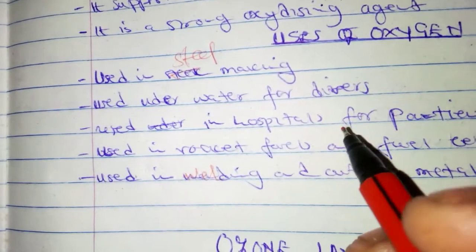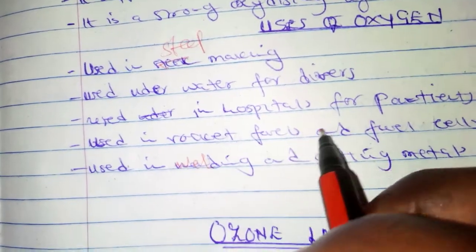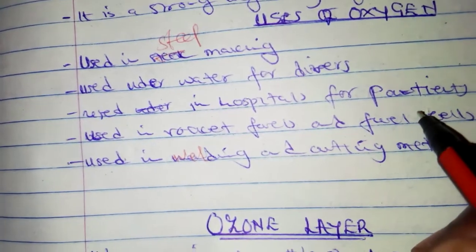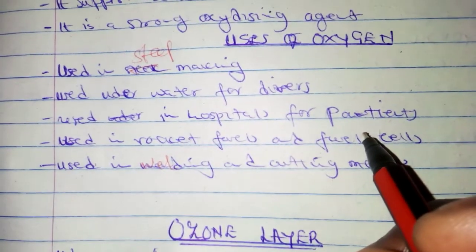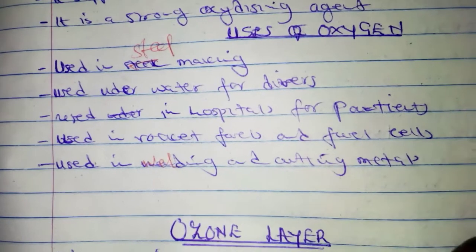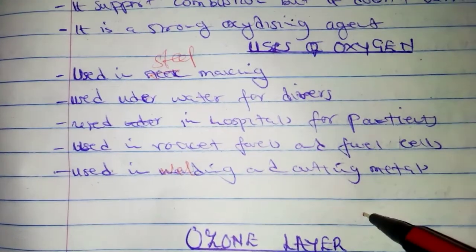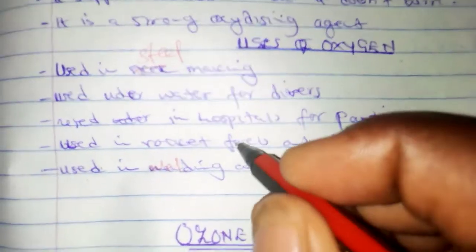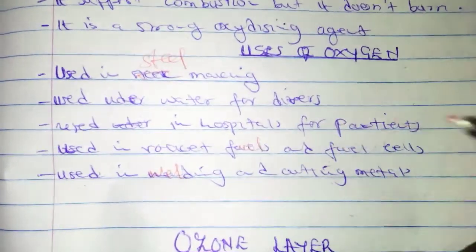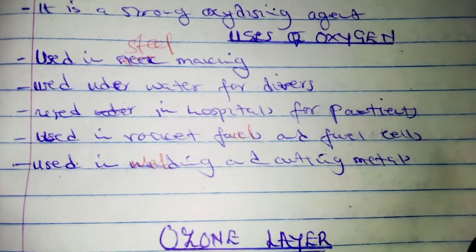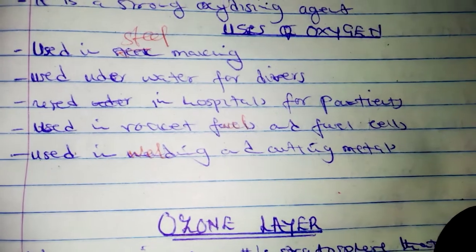They carry oxygen. It is used in hospitals to help patients with difficulties in breathing. It is used in welding and cutting of metals. It's used as rocket fuel and in fuel cells. These are the uses of oxygen.